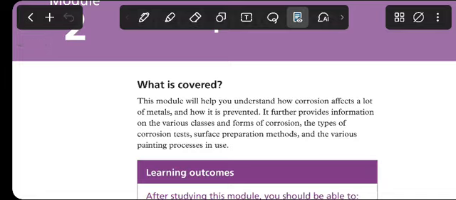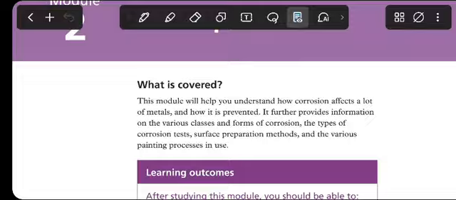What is covered here? This module will help you to understand how corrosion affects a lot of metals and how it is prevented. How do we prevent corrosion?